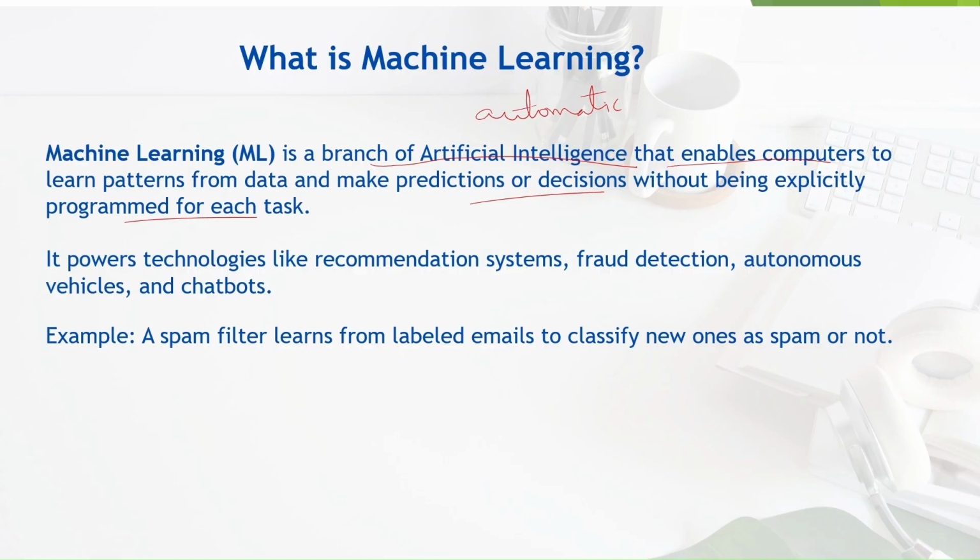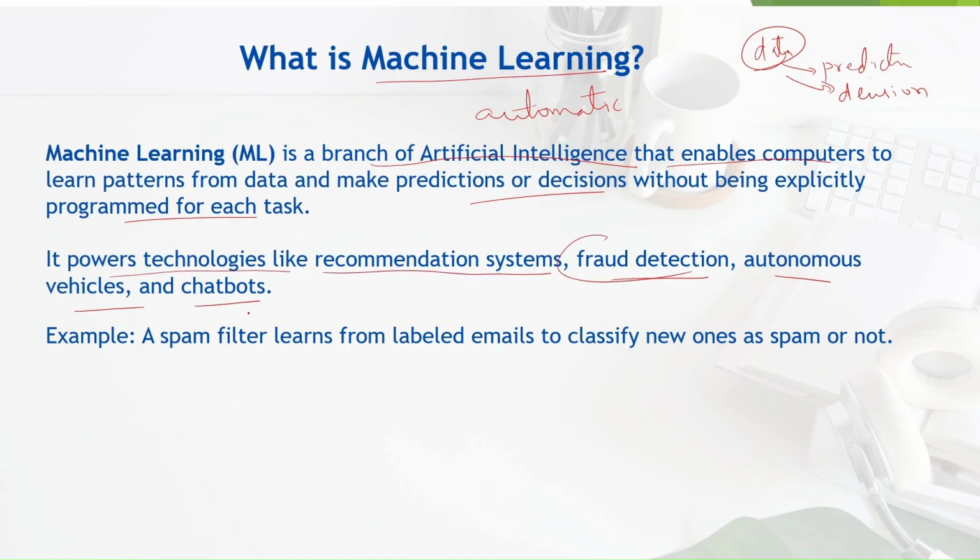But in machine learning, the machine itself learns from the data and then makes predictions or decisions based on the data provided. So you don't have to do any programming; the machine itself will learn. This concept is called machine learning. Your fraud detection systems, chatbots, and autonomous vehicles are all possible because of machine learning.